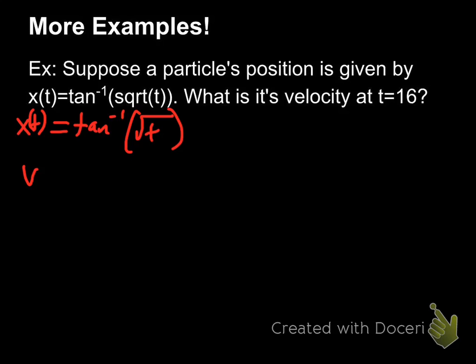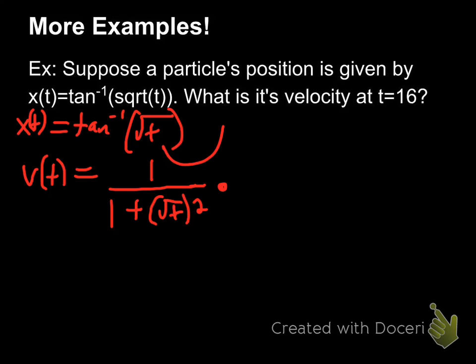So we'll say v of t, the velocity of this particle, at some time t. Oh, derivative of inverse tan. Well, I remember from the notes about two seconds ago that this is 1 over 1 plus x squared. But, whoa, 1 plus, but in place of x is the square root of t, right? That thing's squared, times the derivative of whatever is in here.